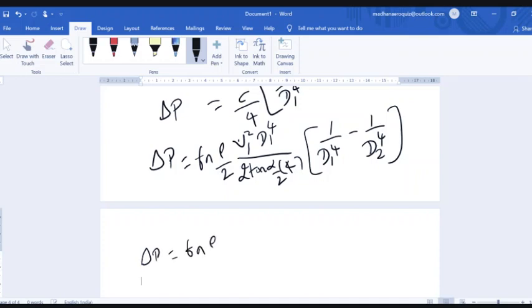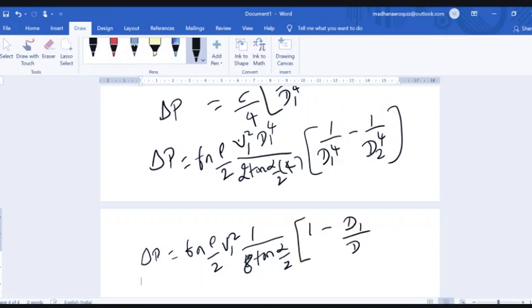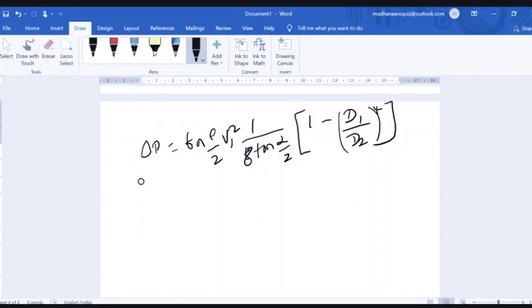So Fn rho by 2 v1 square, and then 1 by 4, 2 fours are 8, right? So 8 tan alpha by 2. And finally we will obtain 1 minus d1 by d2 whole to the power of 4. So this is your delta P equation, the final equation.